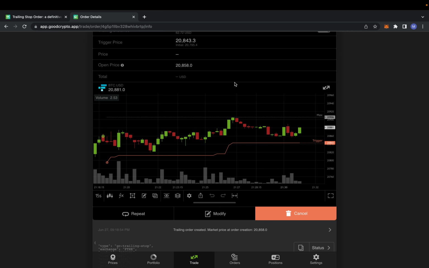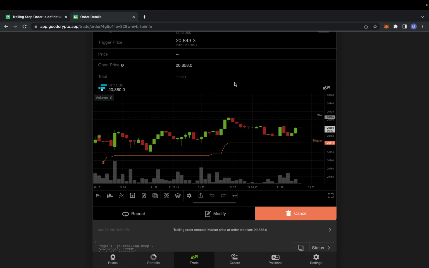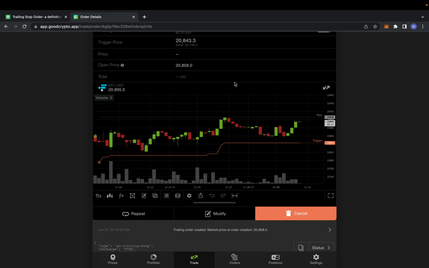If the price continues to move in your direction, rather than exiting right now, you will ride the price trend, and when it finishes and reverses, that's when you will exit your position with the trailing stop order.